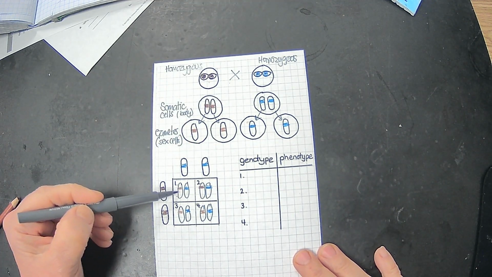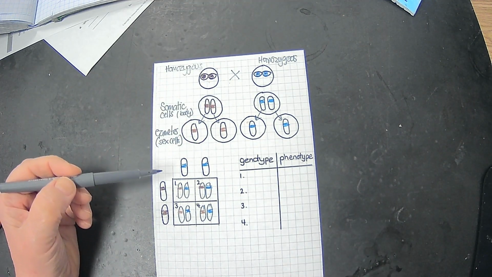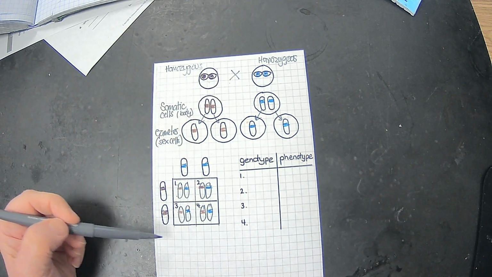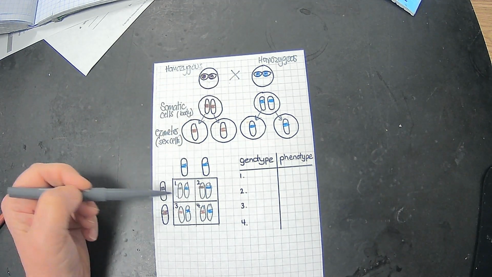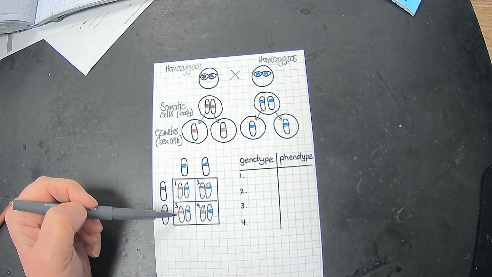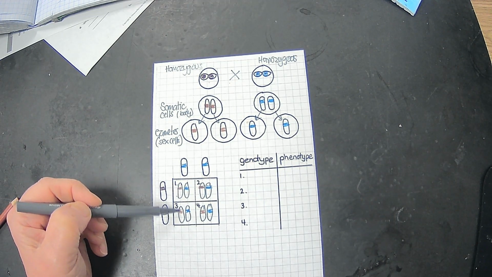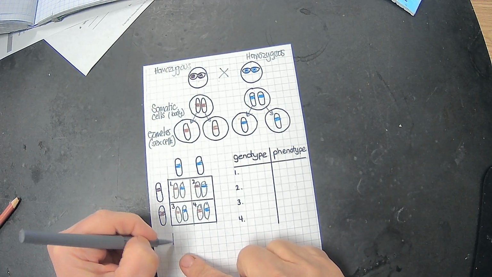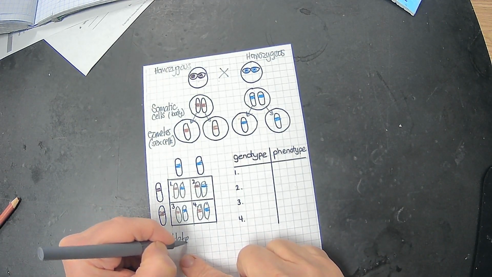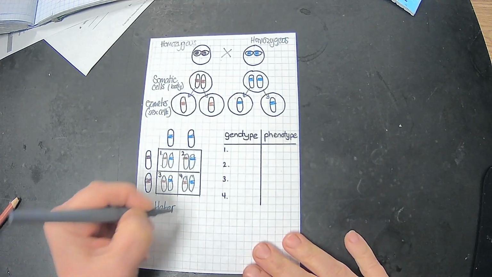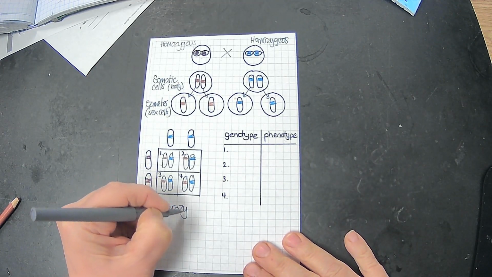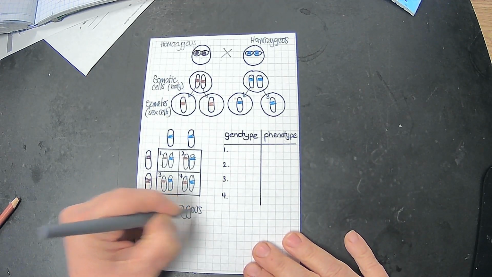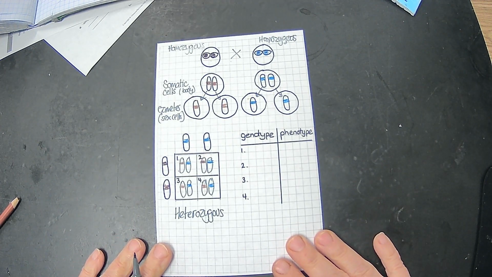Well, look at the offspring now. What this means is every time they have a baby, it could be any one of these 4 options. And what we notice about all of these is they've got 1 brown and 1 blue, which means that all the offspring are not homozygous, they are heterozygous because they have inherited different information about eye color from each parent.